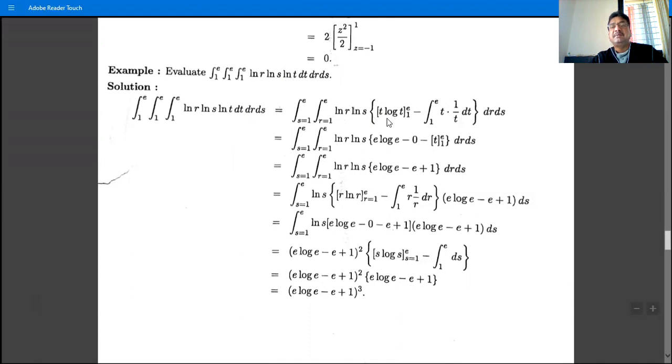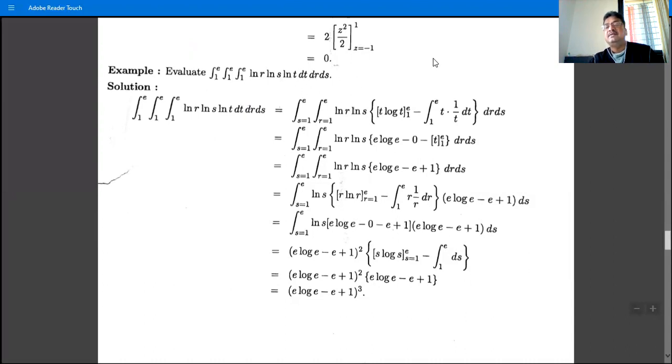Integration of log t by parts rule: first integration of second, t into log t, first integration of second.